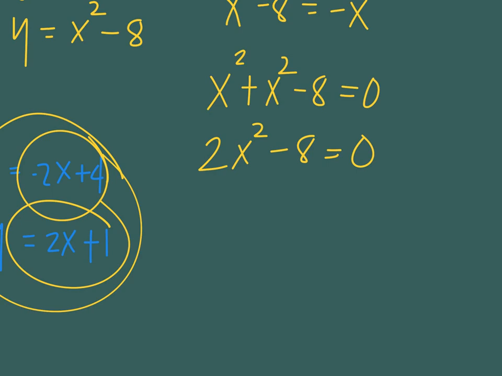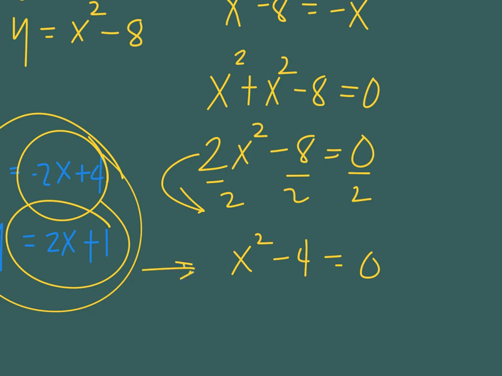And then you can say the numbers are divisible by 2. So dividing by 2, x squared minus 4 is equal to 0. From here, there are many things that you can do. You can either factor it or move the 4 to the other side. That will be up to you. If we factor, we have (x minus 2)(x plus 2) equals 0.